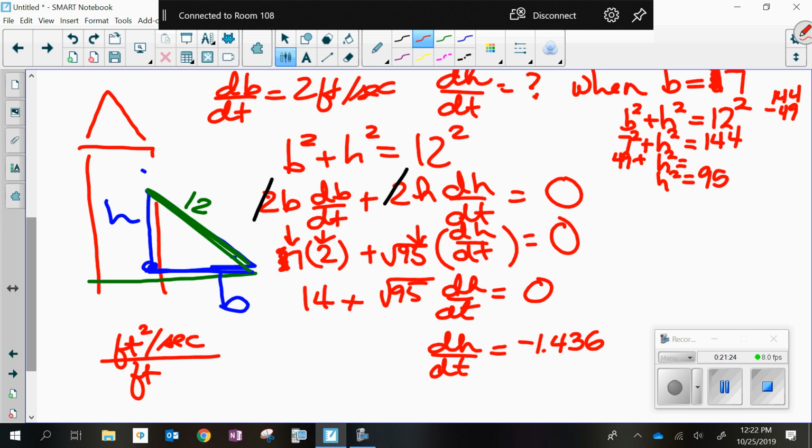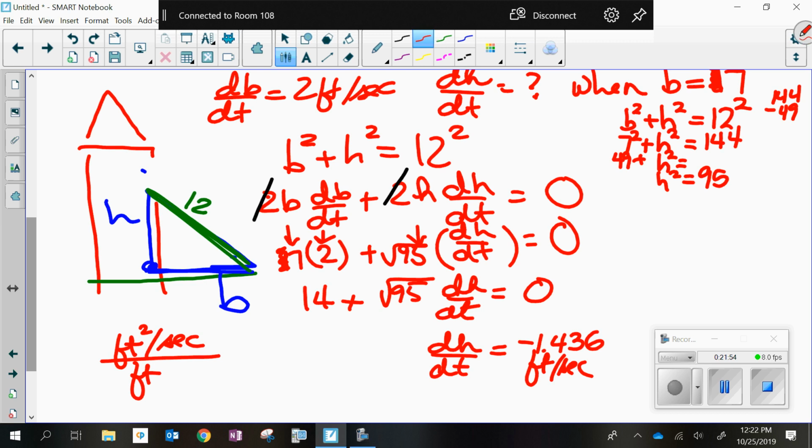Okay, now explain to me why we can have a negative rate. And direction, what does that mean? Okay, but in the context of this problem, why is dh/dt negative? One person at a time, please. Right, because h is getting smaller, so the rate is negative. So watch the language when you're setting it up.